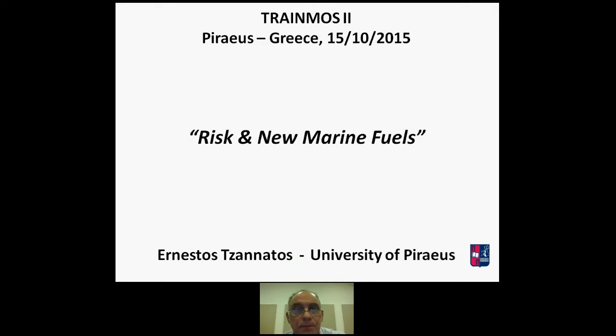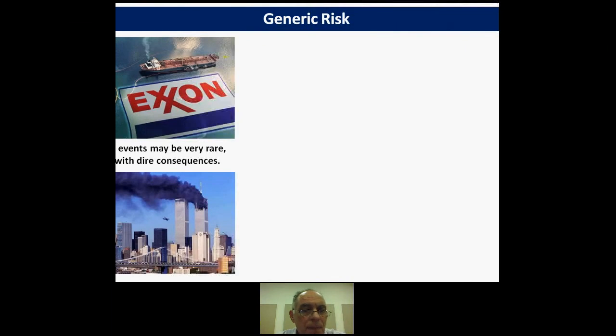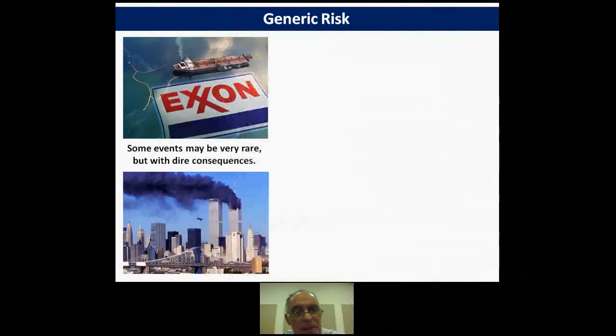So I make a reference to what is known as a generic risk. The concept is that when we talk about risk, we must appreciate it is important to understand the frequency of events and the consequences. We can look at the two extreme parts, and we can say that we have some events which are very rare, but they have very high and dire consequences.